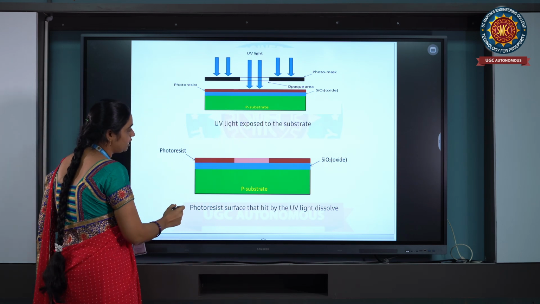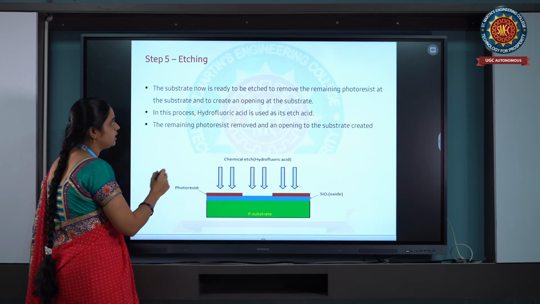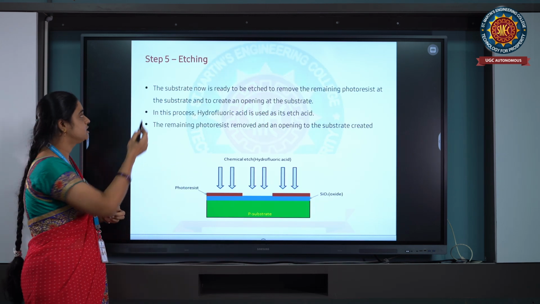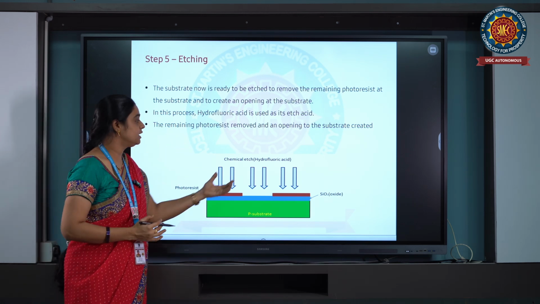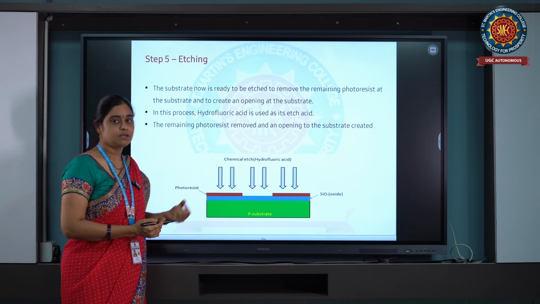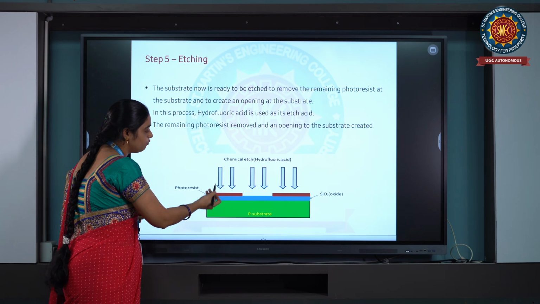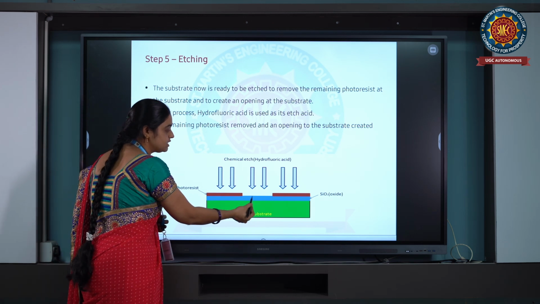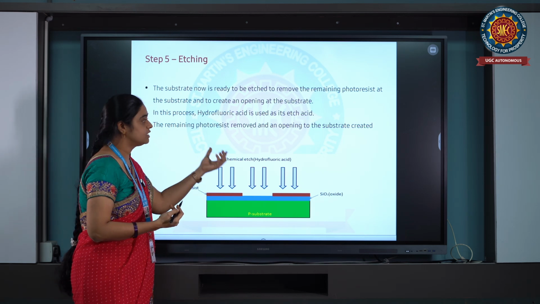After sending the UV light, the photoresist layer will be hit by the UV light, and the continuation process of masking is the etching process. In the etching process, when we dip that substrate in HF solution, this is known as chemical etching. When we dip that substrate in the HF solution, the region which is transparent here, which is soft here, will be dissolved in the HF solution.